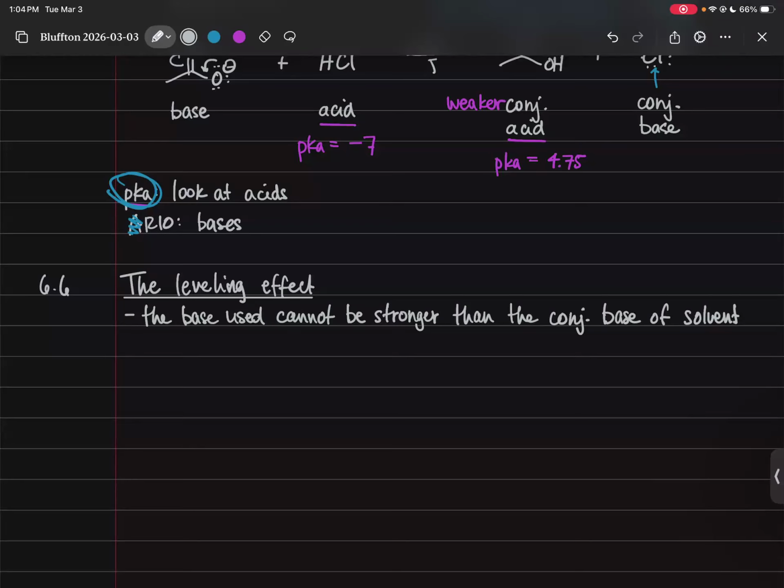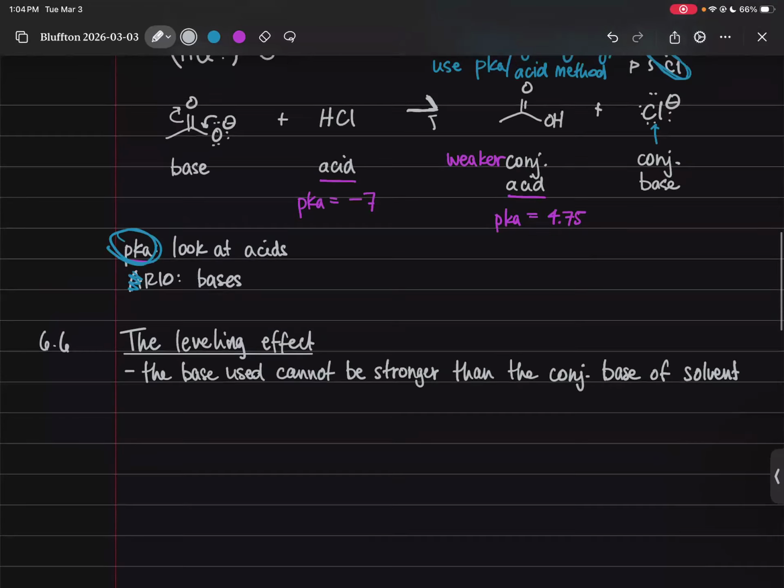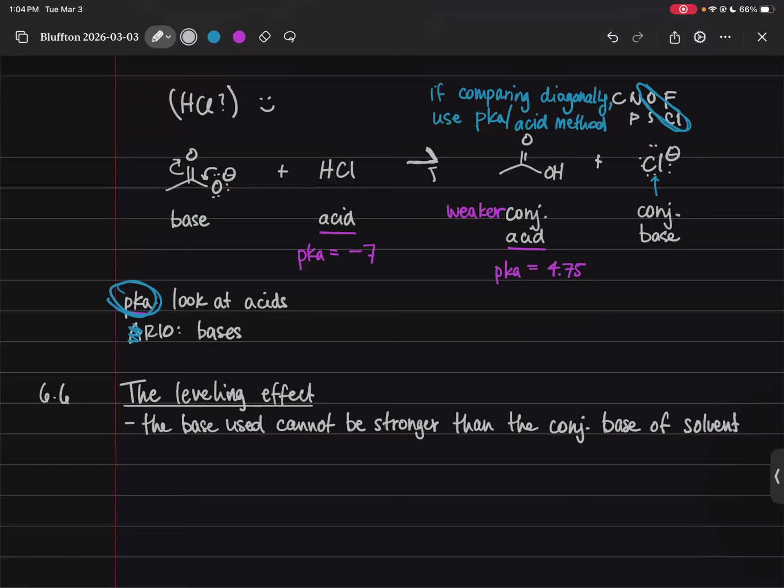Yes. For the example that we use, I have a question. If I get my pKa and I don't determine which one is the weaker one, do I have to go and do the ARIO? No, you don't, and it's probably just easiest to use the pKa table, unless it's a molecule that's not in the pKa table, and then you'll have to use the other method.